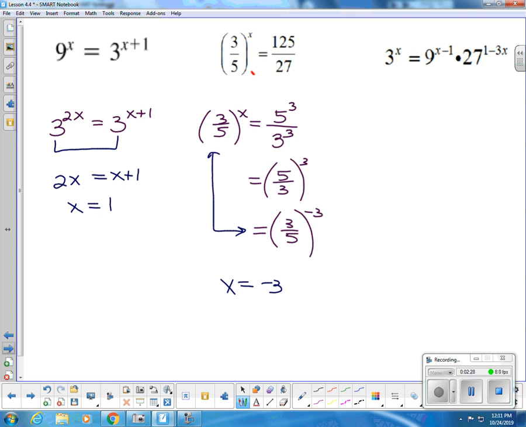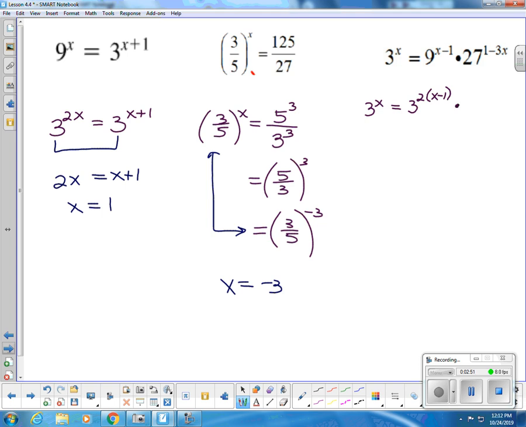All right, the last one is the most challenging one. So the left side is pretty basic. It's 3 to the x. 9 is 3 to the second power. There's more than one term here in our exponent, so we have to put them in parentheses.